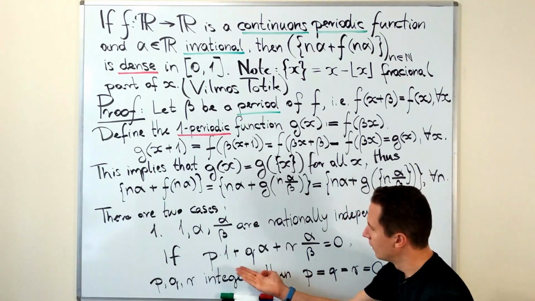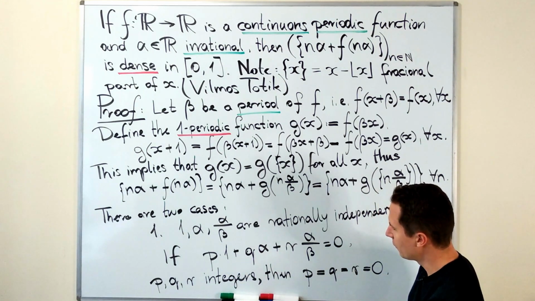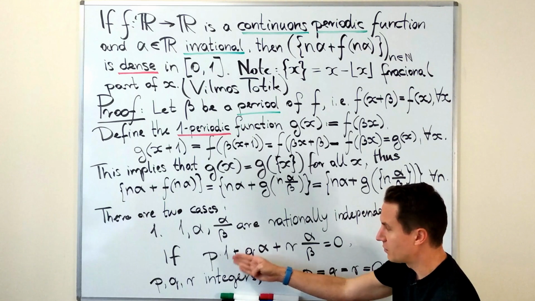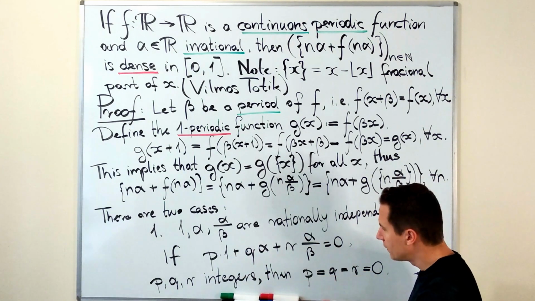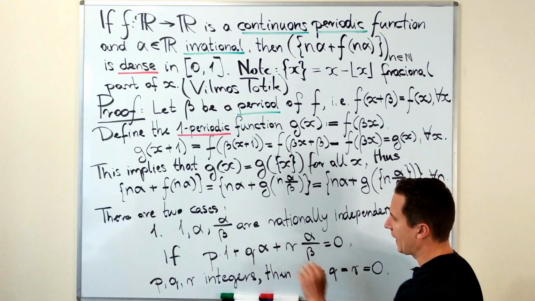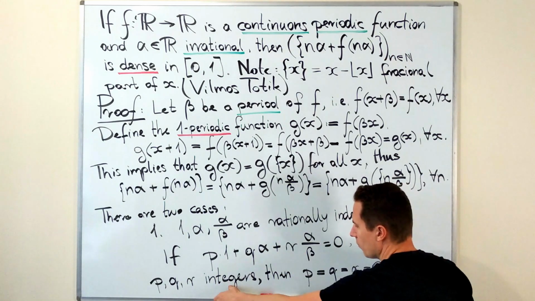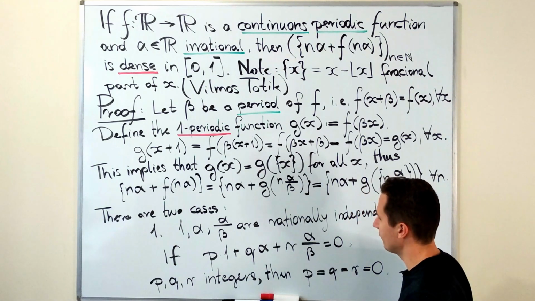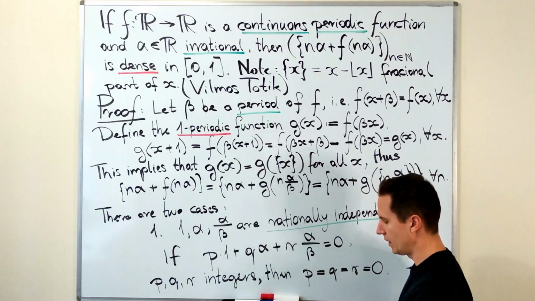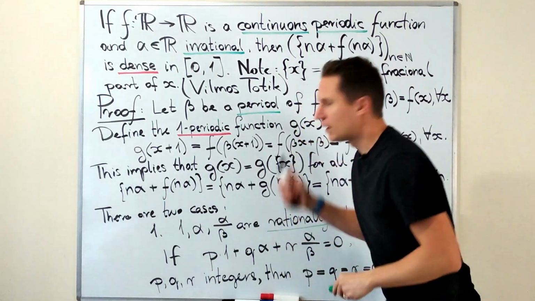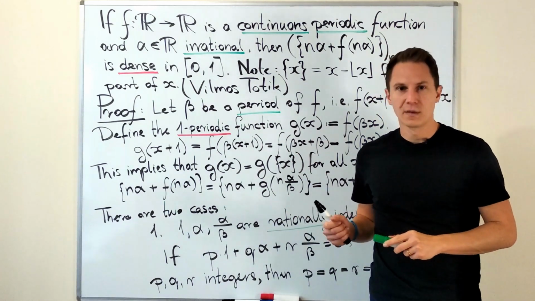Only this obvious way of getting 0 is possible, where I just multiply each number by 0. No non-trivial way of connecting them exists. So that is what we mean by rationally independent. That's the first possibility we have to look at. Let me clear the board and then we'll look at this first possibility.